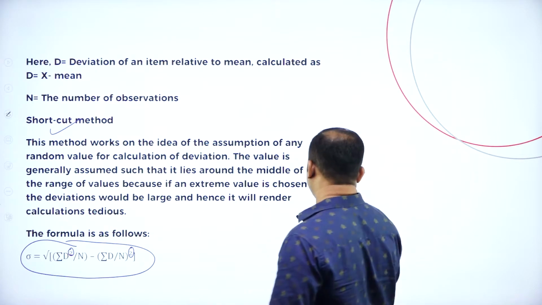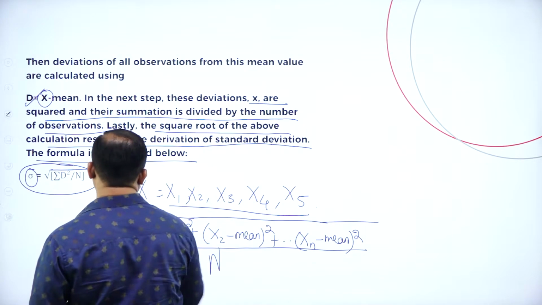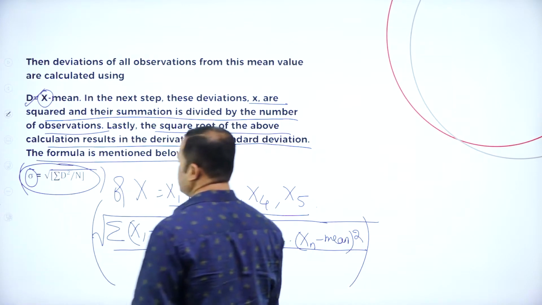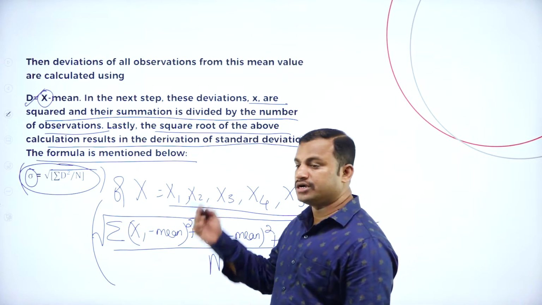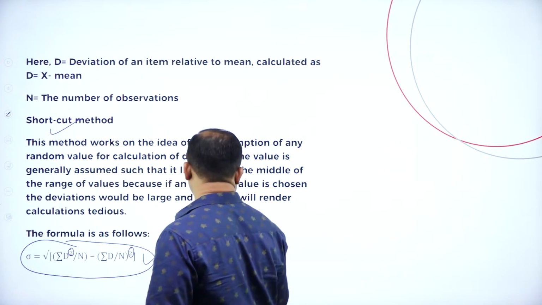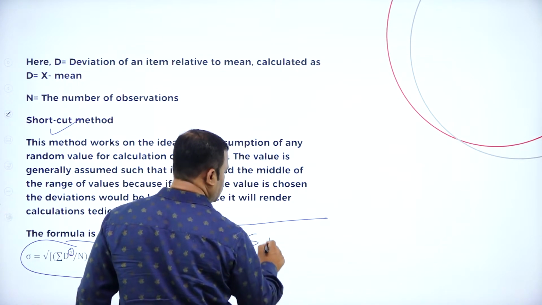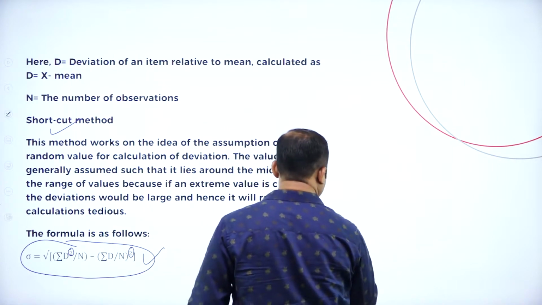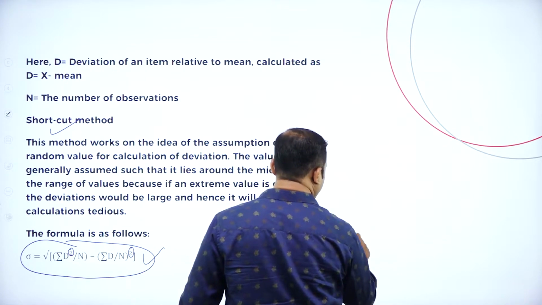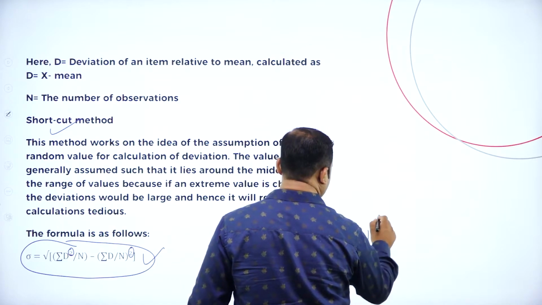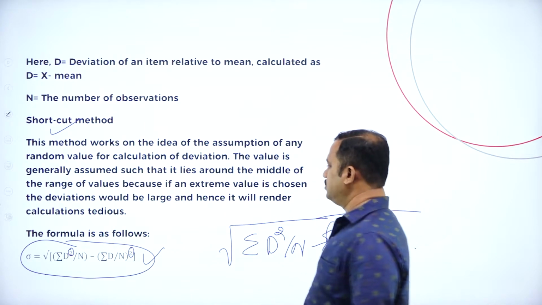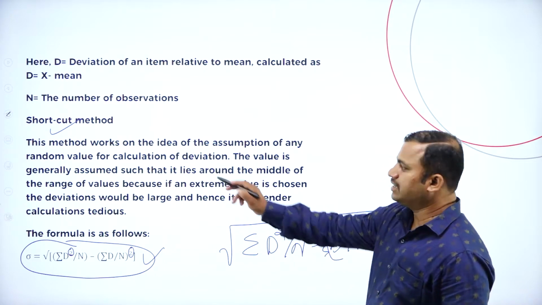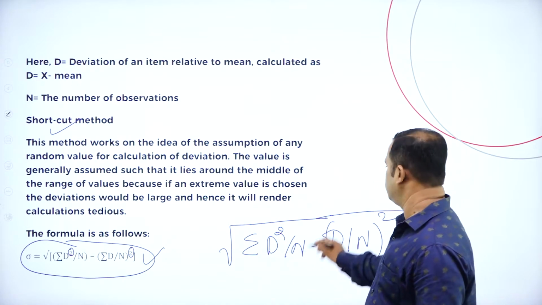Instead of doing these big calculations, we will incorporate the shortcut method, that is the square root of summation d square by n minus summation d by n whole square, which gives you the standard deviation using the shortcut method.